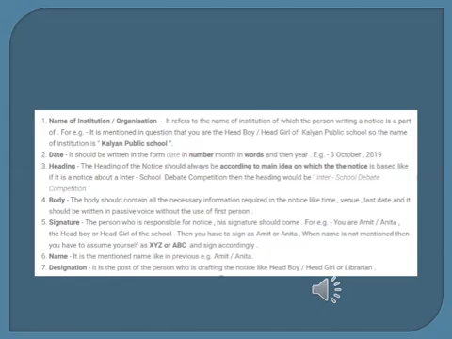Now next, it's the signature. The person who is responsible for the notice should sign there. Now your Amit, Anita, the head boy or head girl, that also will be given there in the question. If it is not given there in the question, you can just write XYZ or ABC and just sign accordingly. So name, if it is mentioned, write the name. Usually it will be mentioned in the question.